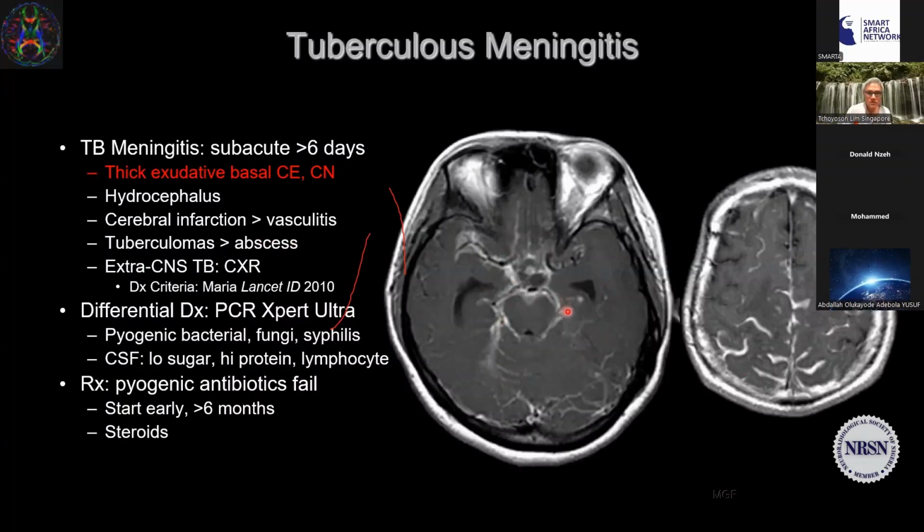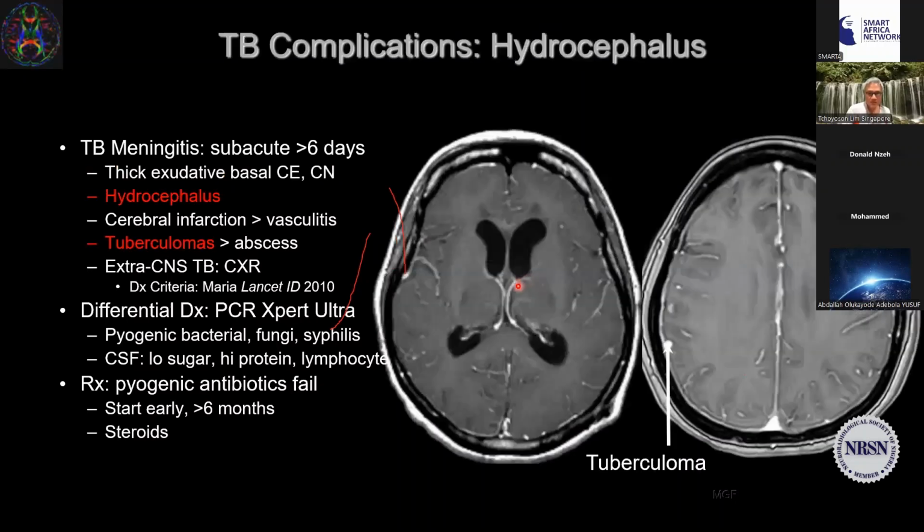So this is a very important diagnosis to make. Very often, we will make that in patients in vulnerable populations, such as migrant workers or immunocompromised HIV patients. And here's an example of hydrocephalus, and here's an example of tuberculoma in a patient with tuberculosis.